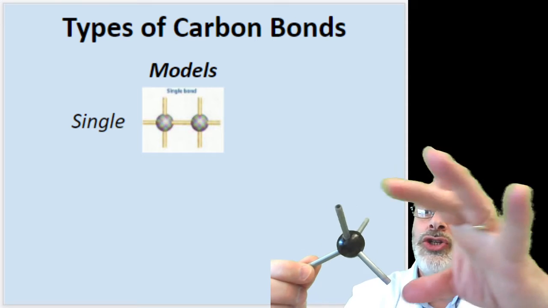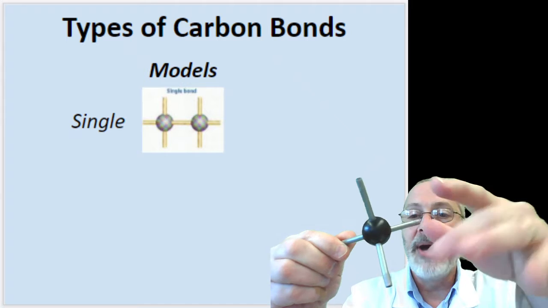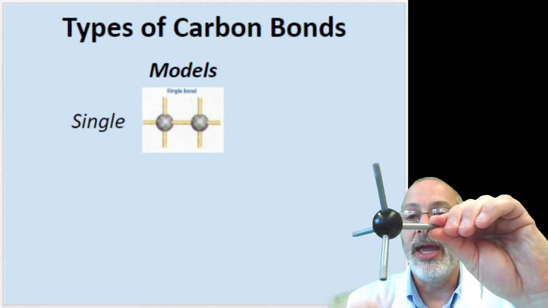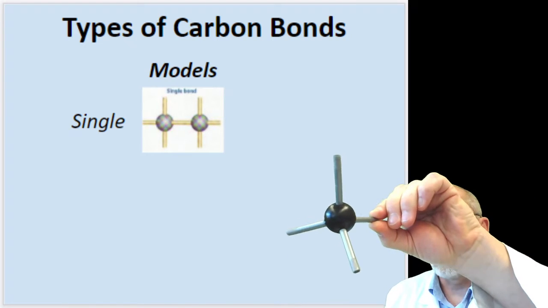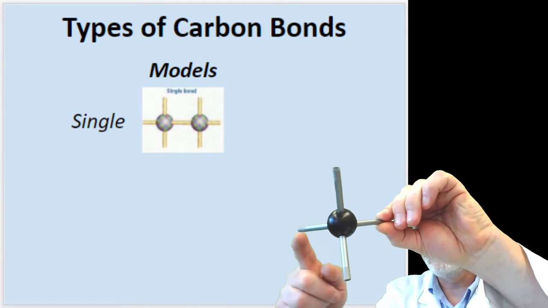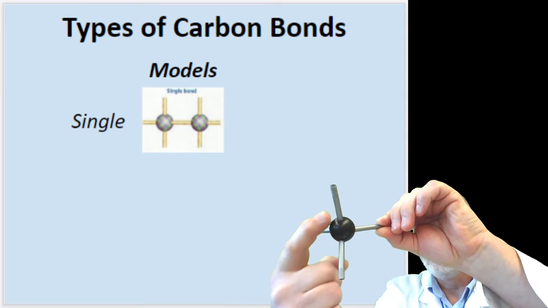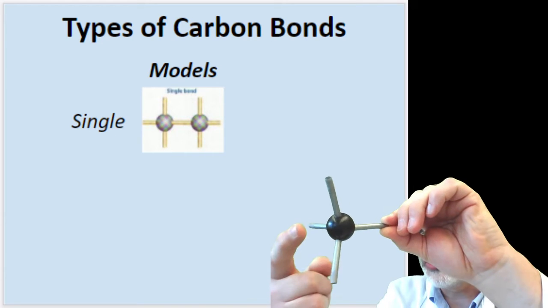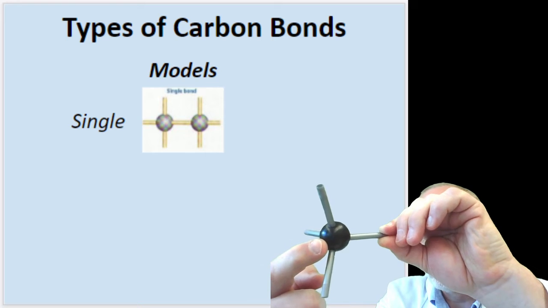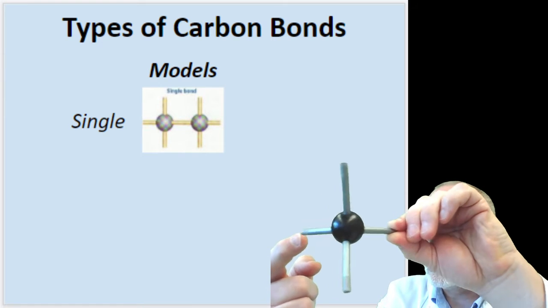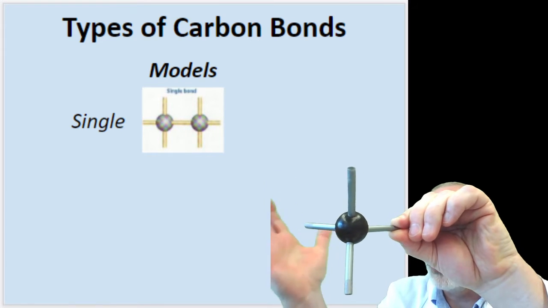Well, each of these rods represent what's called a covalent bond. And as you know, a covalent bond is one in which the electrons are shared. So think of there being an electron here, an electron here. These 4 rods illustrate that there are 4 valence electrons around this carbon, and they are being shared with valence electrons from other atoms.